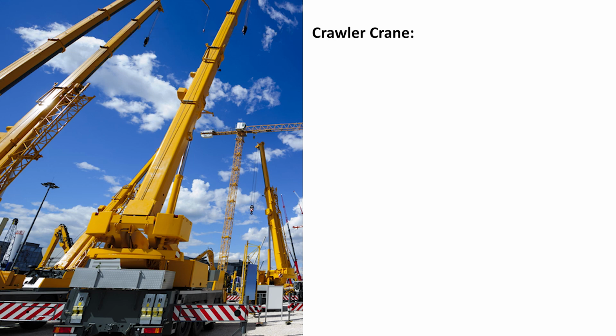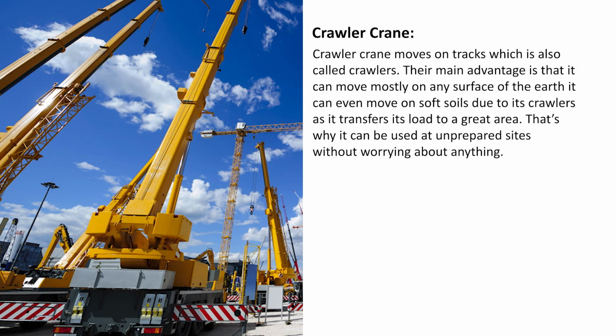Crawler crane. The crawler crane moves on tracks, which are also called crawlers. Their main advantage is that it can move on mostly any surface of the earth. It can even move on soft soil because its crawler transfers the load to a great area.